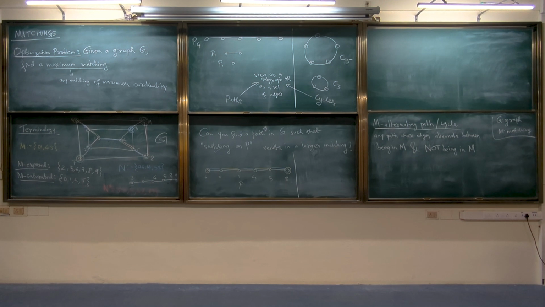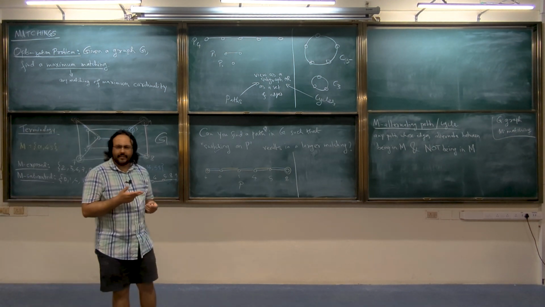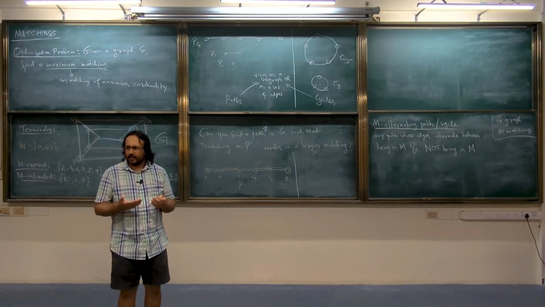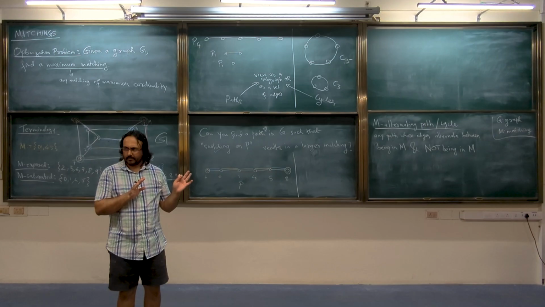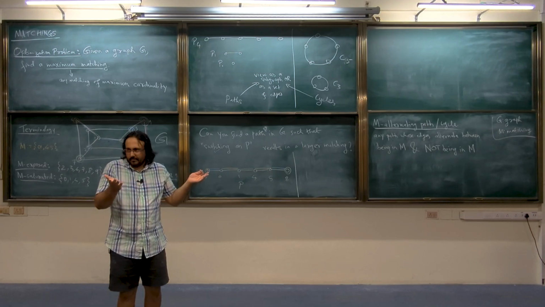Okay? So, question. If I have an alternating path, first of all, can we say anything about the length of an alternating path? Would it be arbitrary or is it somehow going to be more restricted? We have just defined alternating path. Could be anything, right?